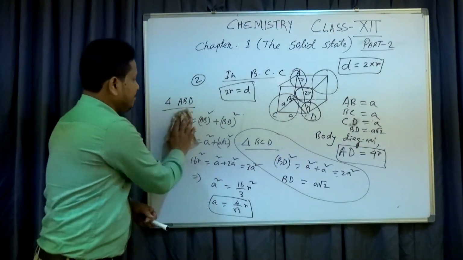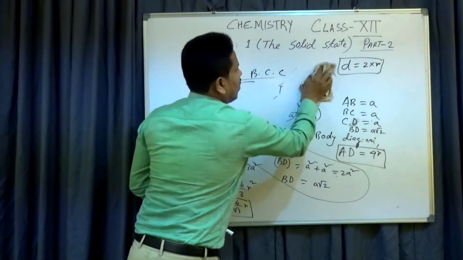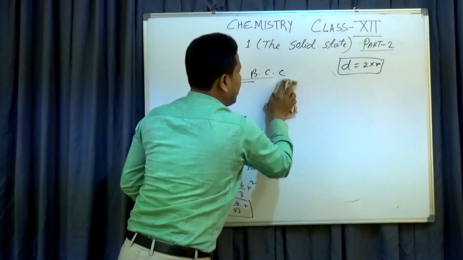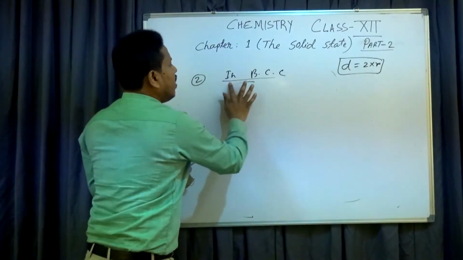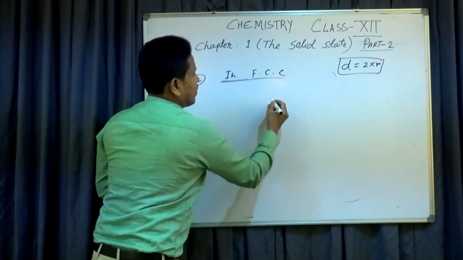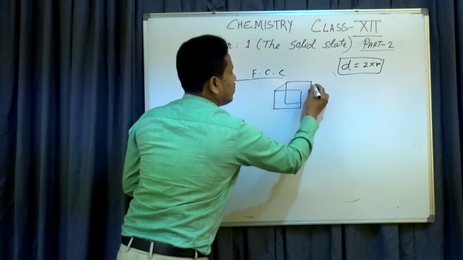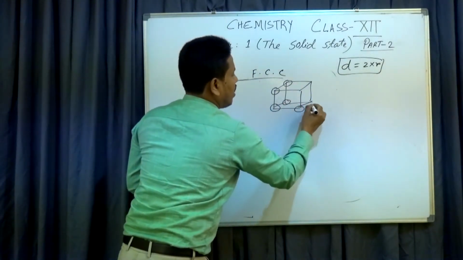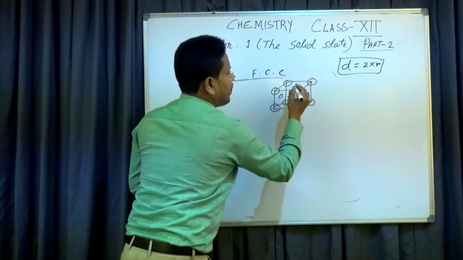Okay, I'm rubbing it. Now the third case is face centered. Students, in face centered, already I have mentioned atoms are located at the corners of the cube as well as face centers. Look at this. Atoms are at the corners of the cube as well as the 6 face centers.